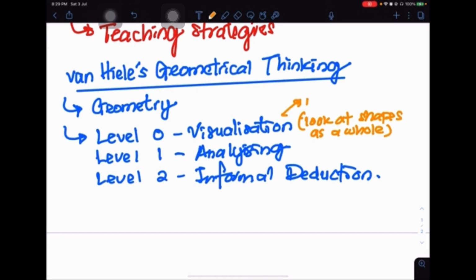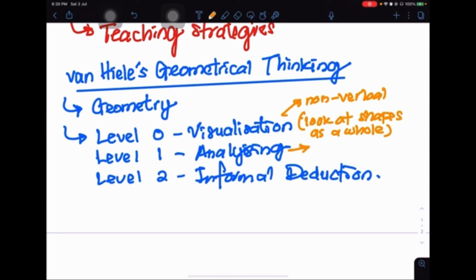There is non-verbal communication. They see it as a whole. They don't talk about the shape much, but they know what it is.